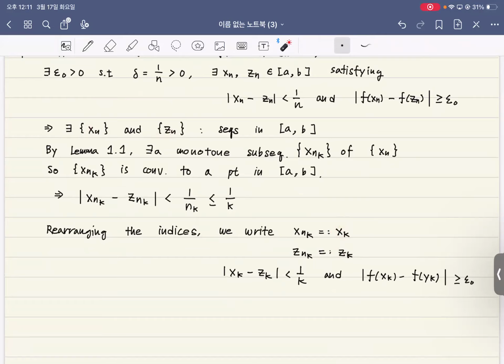Now, this time around, I'm going to apply the same lemma to this new sequence, zk. Then we can obtain a subsequence from this sequence. So here, you're taking the subsequence of the subsequence. But we can still do that because even though this is a subsequence, it is still an infinite sequence.